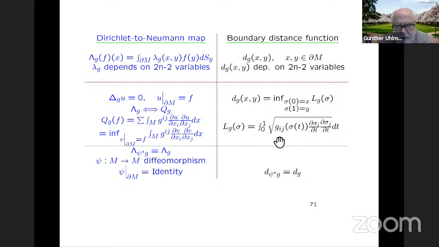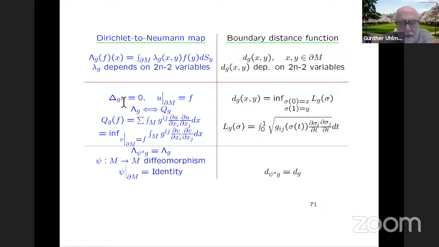You find the infimum of the lengths of all the curves. So curves correspond to functions. Curves on the right correspond to functions on the left, and geodesics correspond to harmonic functions. This is very roughly the correspondence.